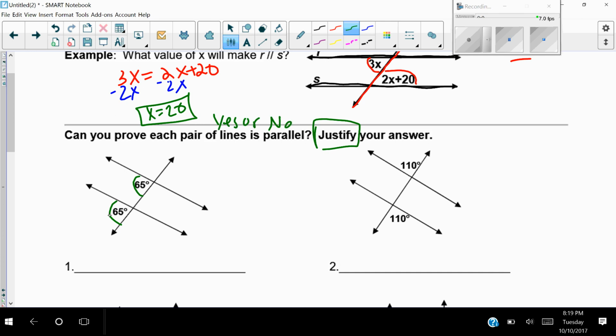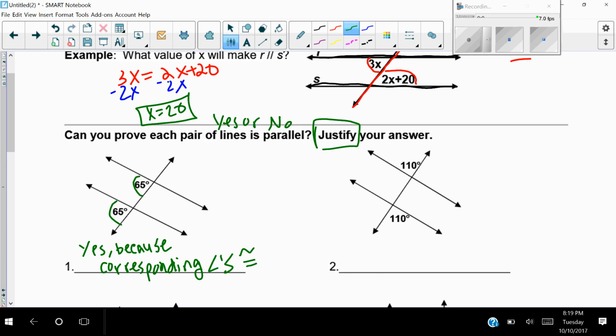So we're going to say yes, they are equal. And if you look at your notes, they're supposed to be equal. So we're going to say yes because they are corresponding angles, and corresponding angles are congruent.